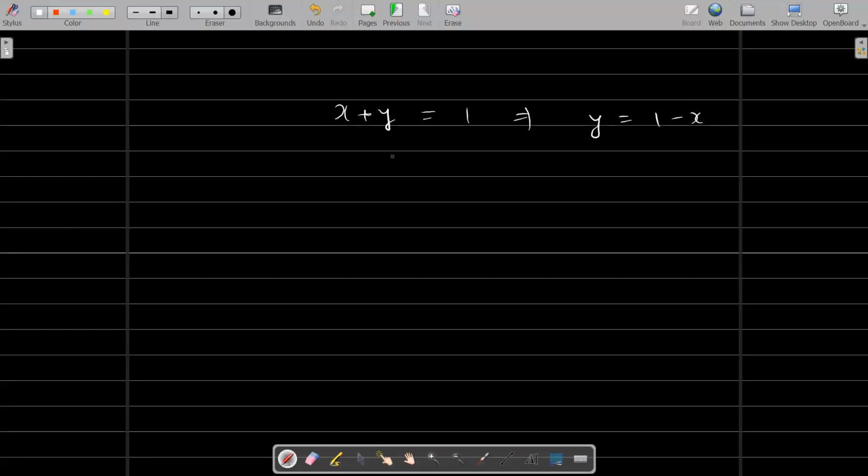So what's next then? Who's saying this method? x cube plus y cube is 4 and I can replace y by 1 minus x, right?